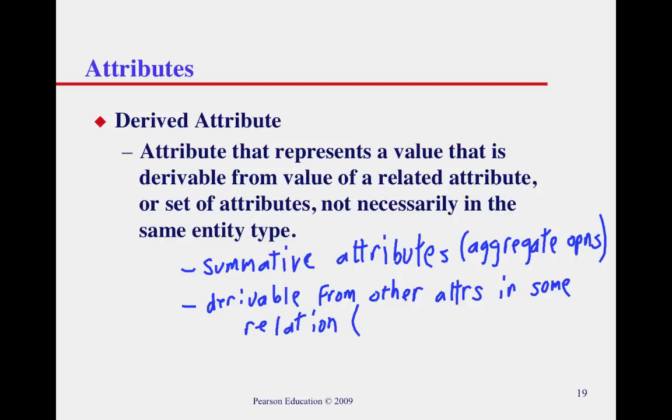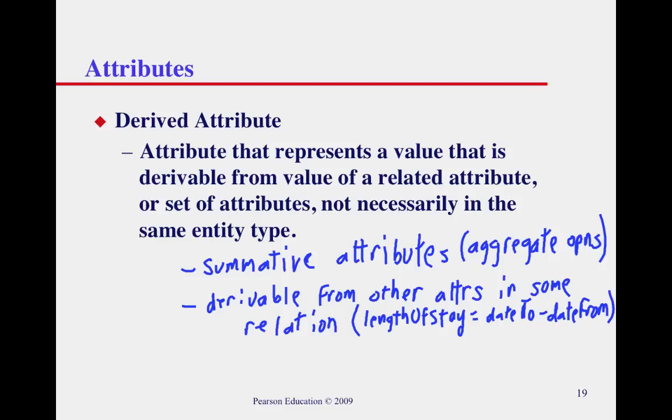Length of stay in the booking relation. Length of stay is a derived attribute because it's actually equal to date to minus date from. So you can derive it from two other attributes that are in that relation.